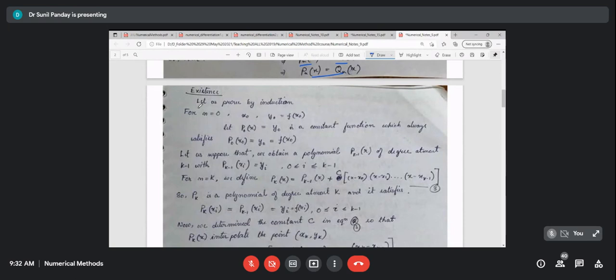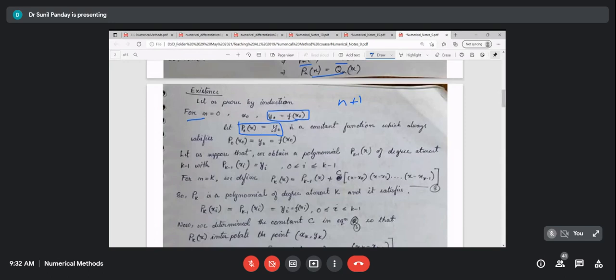Now we go to the existence part, whether such a polynomial exists or not. Let us prove by induction, for n equal to 0. If n equals 0, we are always taking n plus 1 data points, so we have one data point, y0 equals f0. We say this is my polynomial which approximates this one-point data, P(x) equals y0. Whenever I substitute x equals x0, it will give y0.